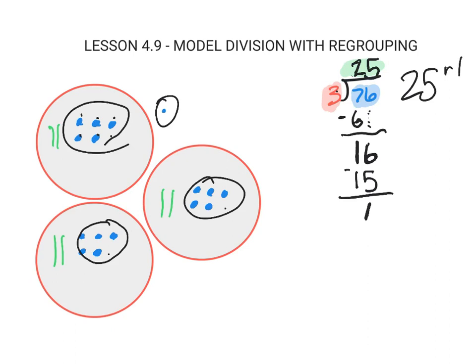If you want to write it as a fraction, remember my fractions, the remainder goes on top, and the divisor goes on the bottom. So then my answer could be 25 1/3, it could be 25 remainder 1, depending on what else you're using, if you're estimating up or estimating down.